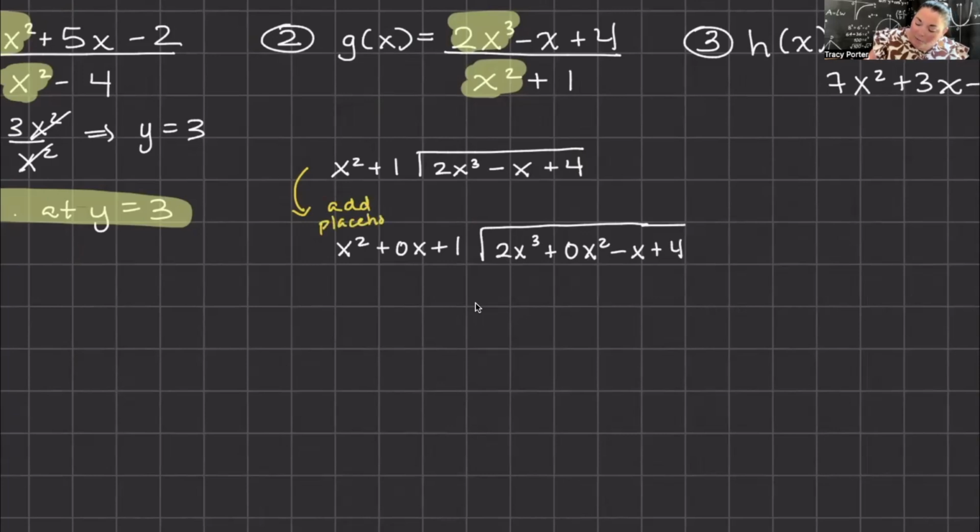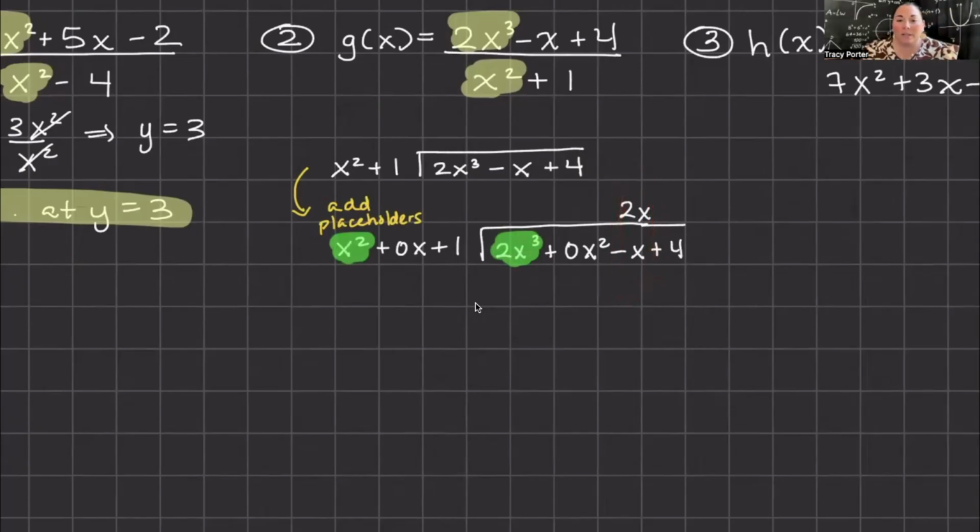And that's all that we're doing there. Now you continue. We always start with the highest power over here divides into the highest power over here. And so x squared will divide 2x cubed 2x times. So I like to line my terms up so that the x's are lined up.